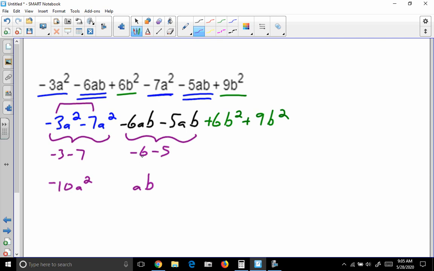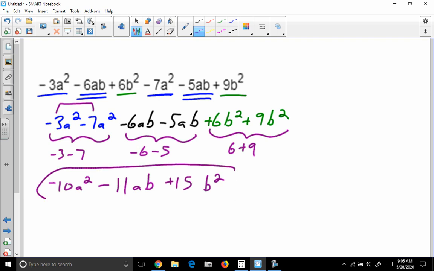You might say we owe somebody 6, and then we end up owing somebody else 5, so how much do we owe in total? Same signs, we add the numbers, take the sign of the bigger. And then these are alike. We have 6b squareds, and then we have 9 more. So how many b squareds do we have? Well, 6 plus 9. So we have 15 of those b squareds.